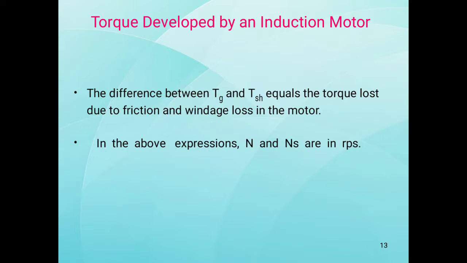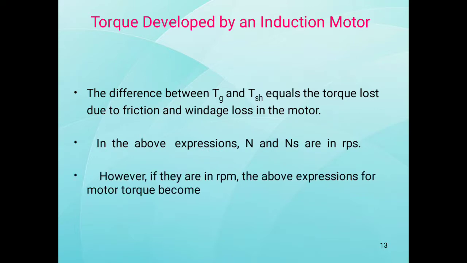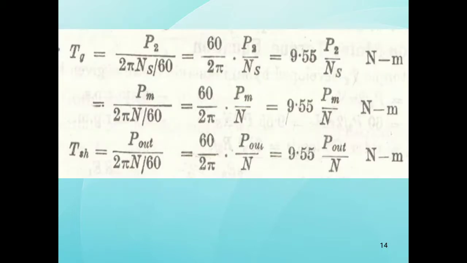In the above expressions, N and Ns are in RPS. However, if they are in RPM, the above expressions for motor torque become as given for Tg and Tsh.